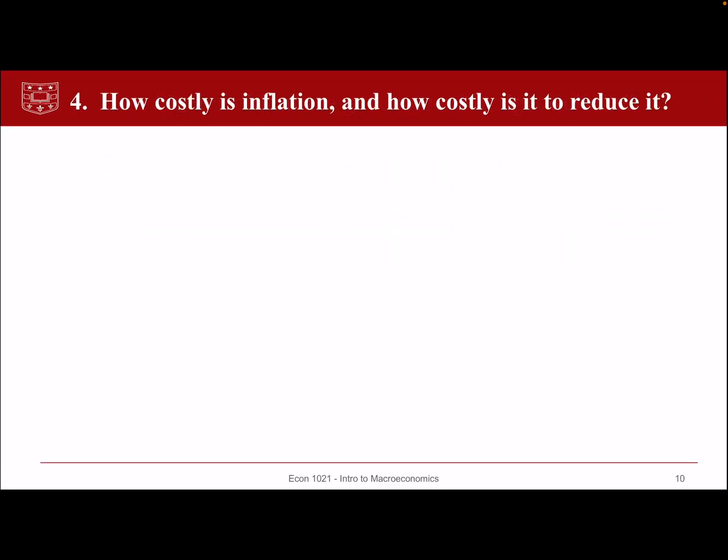And then with inflation, when we talked about inflation, we talked about the cost of inflation as being several-fold.